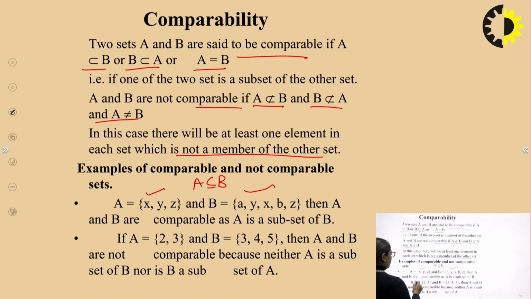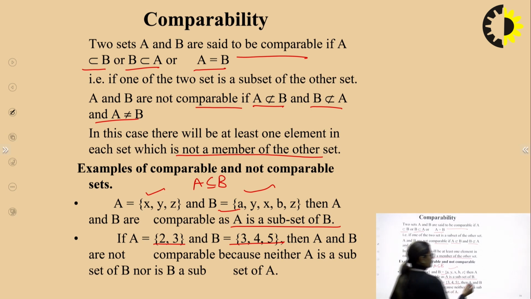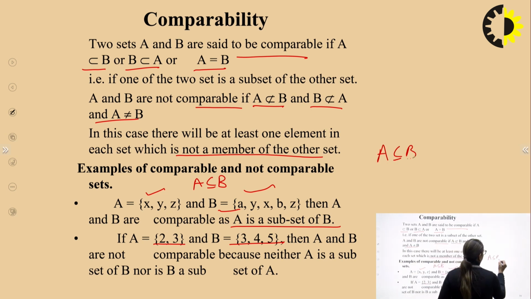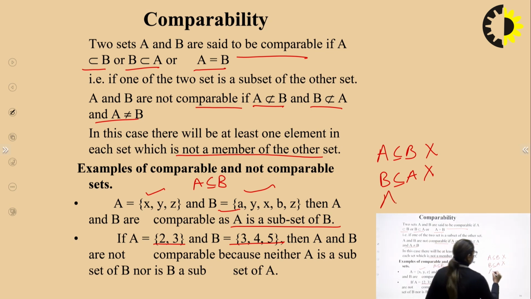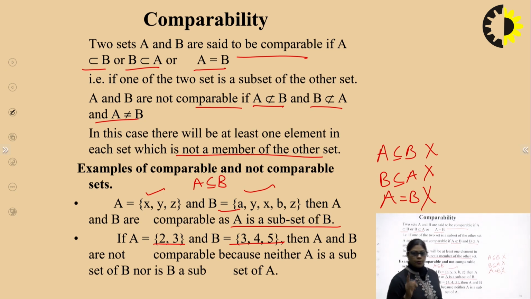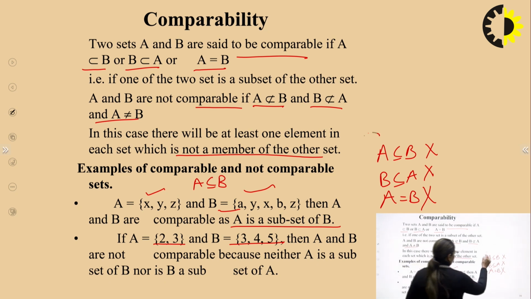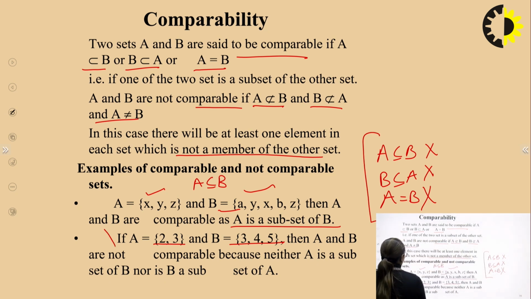Then A and B are comparable as A is a subset of B. Now if A is 2, 3 and B is 3, 4, 5, then A and B are not comparable, because we cannot write A is a subset of B or B is a subset of A, and we cannot write A is equal to B. Out of these 3 conditions, at least one condition should be true, then only these sets will be comparable. But in this case, we are not able to write this. So these A and B are not comparable.